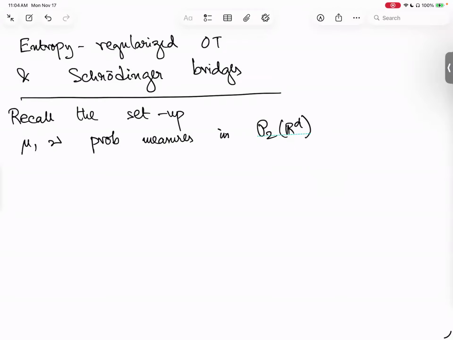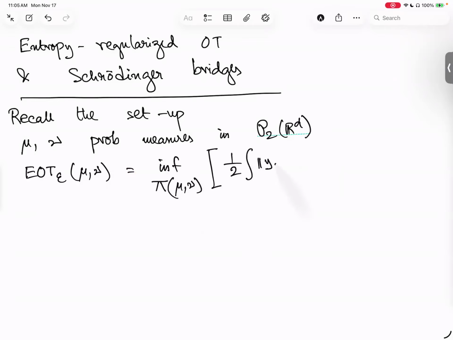And I'm looking into the following problem, what is called the EOT, epsilon, mu, and nu. This is a problem that is trying to solve the infimum over all couplings of mu and nu. The first term is exactly the same as your regular optimal transport. And the second term is a penalization of entropy. Okay?